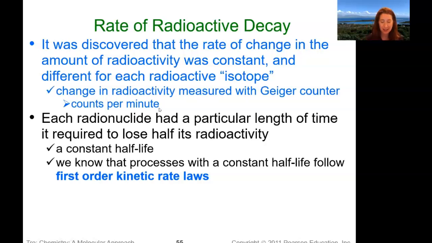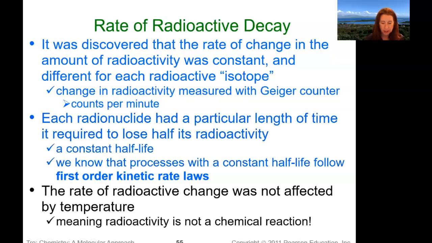It was constant. And what's used to count this is called a Geiger counter. You can read more about it. It just counts the number of decays per minute. And again, increasing temperature didn't change it. Pressure, nothing changed it. So if you remember from kinetics from last semester, your last experiment in Chem 219, what you did is you increased the temperature of the reaction.